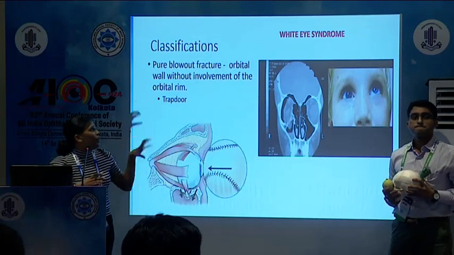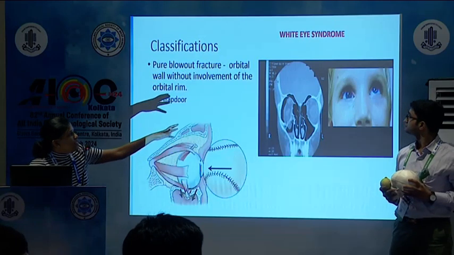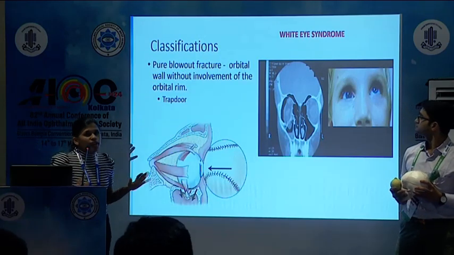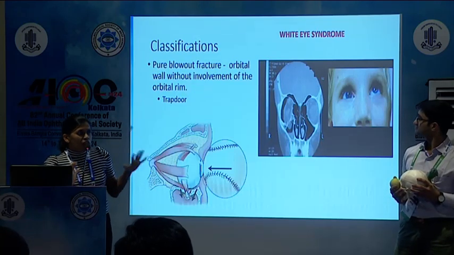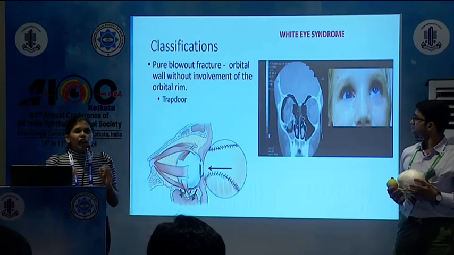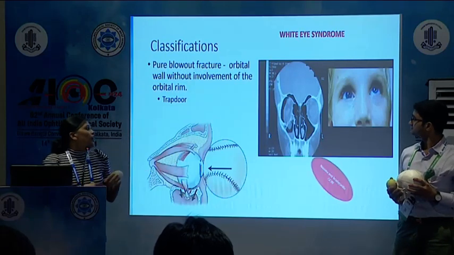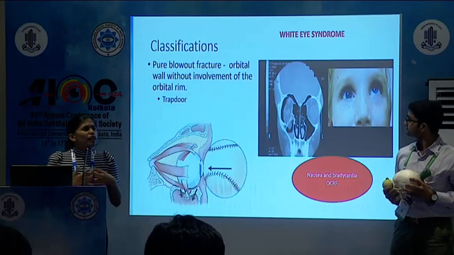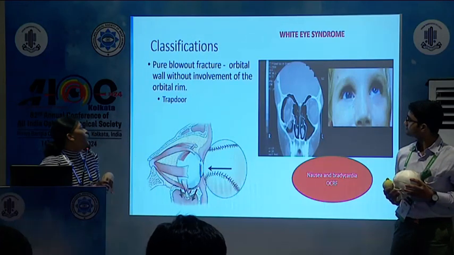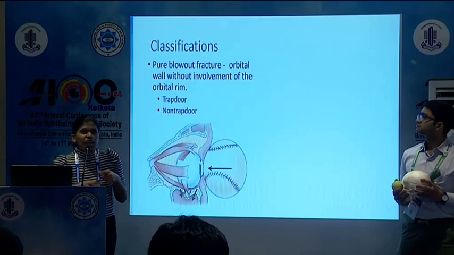It is most common in the pediatric age group, where there are no signs of trauma; the eye is absolutely white. So this is white eye syndrome, where the patient will have oculocardiac reflex, nausea and bradycardia. The patient will feel nausea and might have even forgotten the injury. We have to treat this immediately.